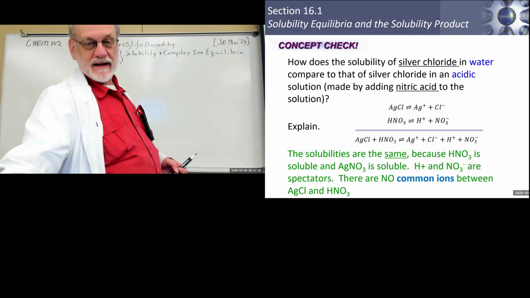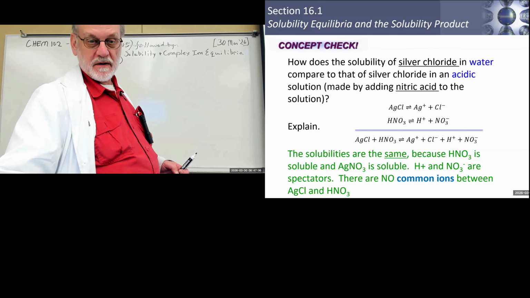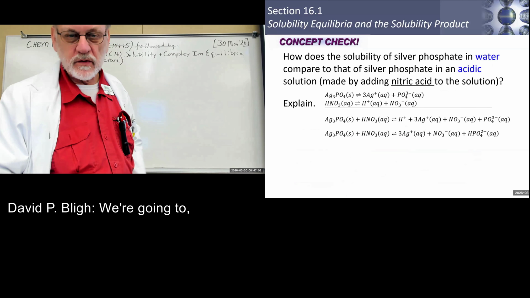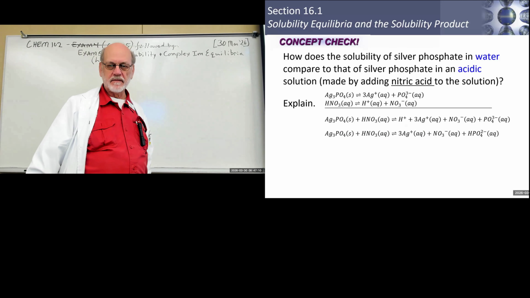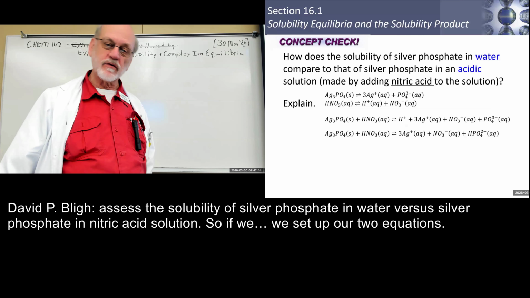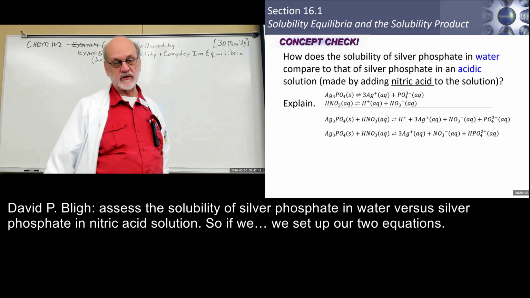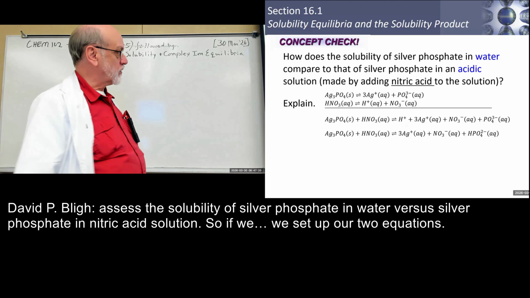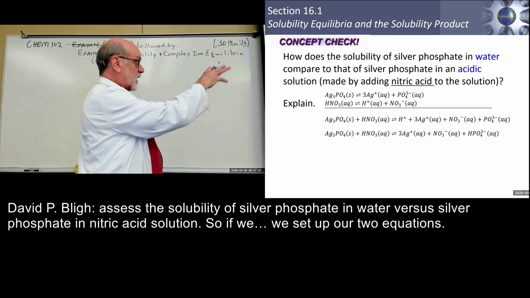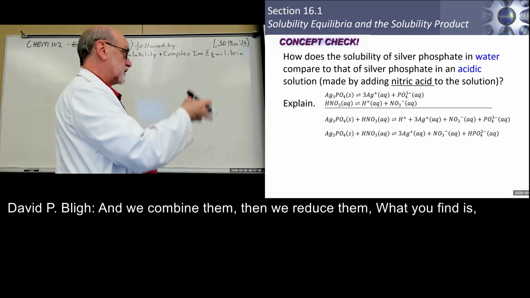Okay. You might guess the next one. We're going to assess the solubility of silver phosphate in water versus silver phosphate in nitric acid solution. So if we set up our 2 equations and we combine them, then we reduce them.